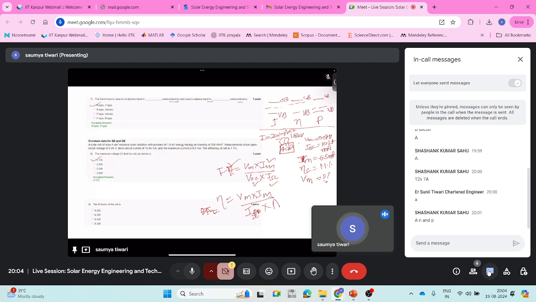Your area is given, this IT value is given, your efficiency is given, your Im is given. You can calculate Vm by this formula. After getting Vm, all these parameters are given, and you can calculate the fill factor. So I hope this numerical is clear. The answer will be 0.357.